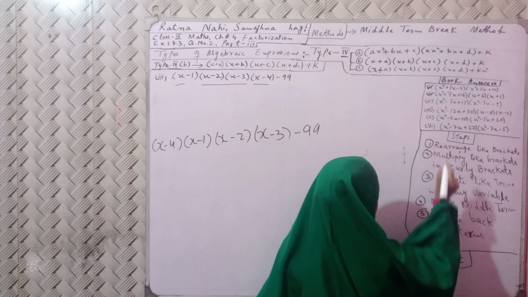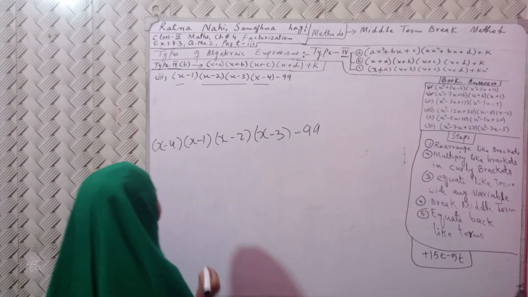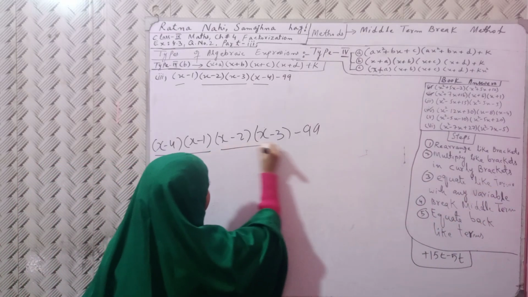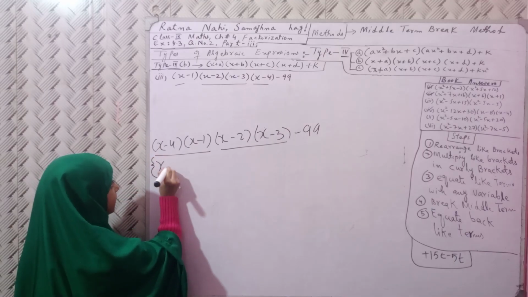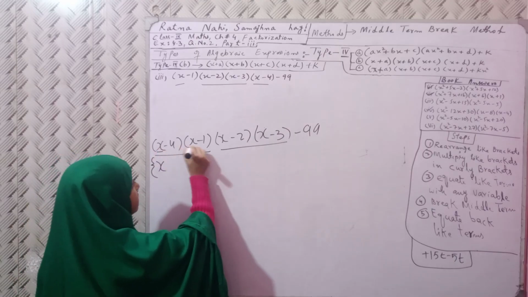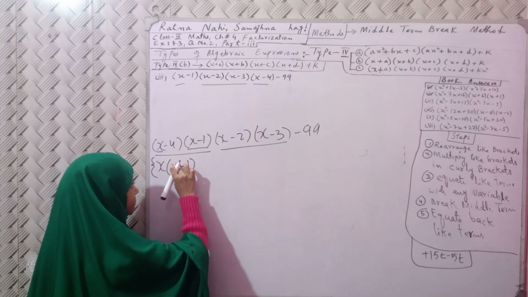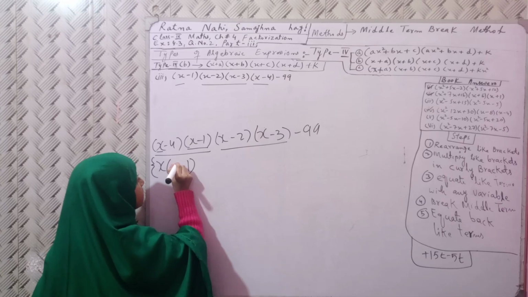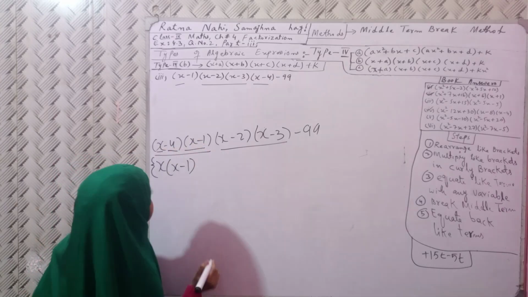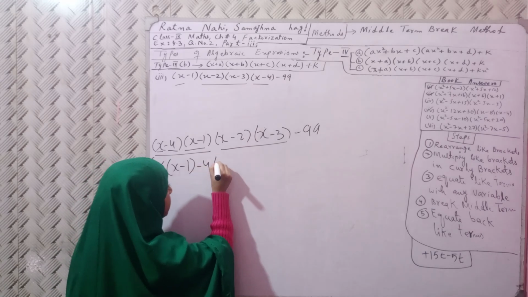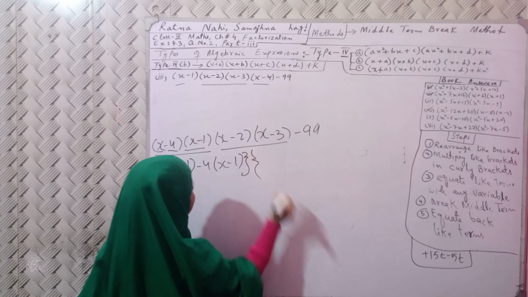Now second, multiply like brackets. In the curly bracket, this and this will be multiplied with this whole bracket, x - 1. Then this, -4, will be multiplied with this bracket, x - 1.